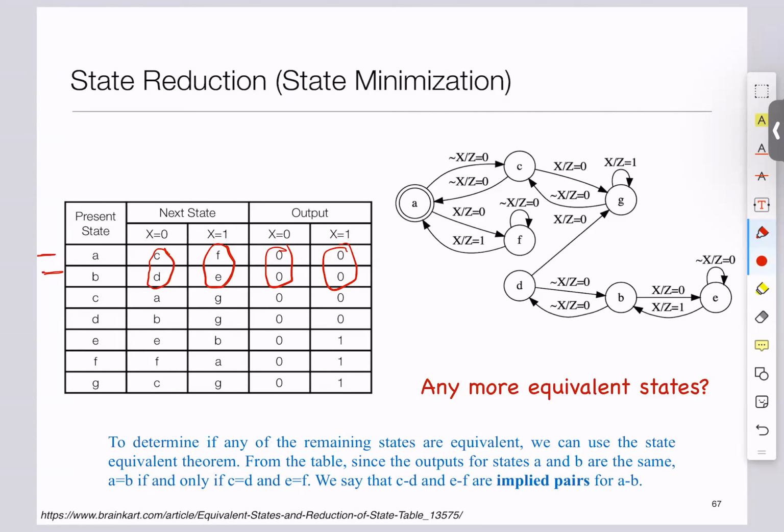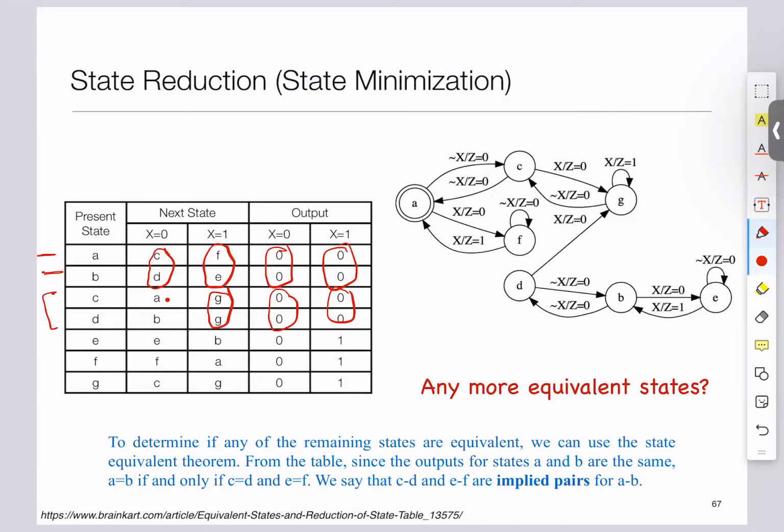Now, in this particular case, let's look at C and D. Well, C and D, their outputs are the same. So they satisfy that equivalence property, right? I mean, if I look at C and D, their outputs are same under same inputs. So that's good. And under x equal to 1, both go to G, which is equivalent.